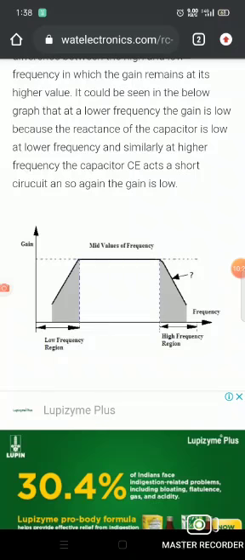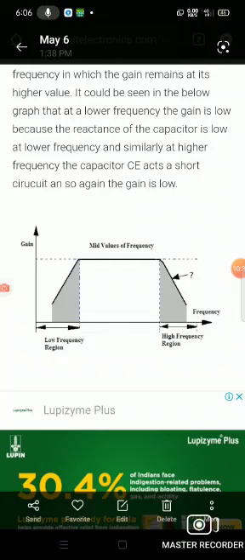So at the lower frequency, the low pass filter gives somewhat higher output signals, and as the frequency increases more and more, the low pass RC network doesn't allow those high frequency signals.